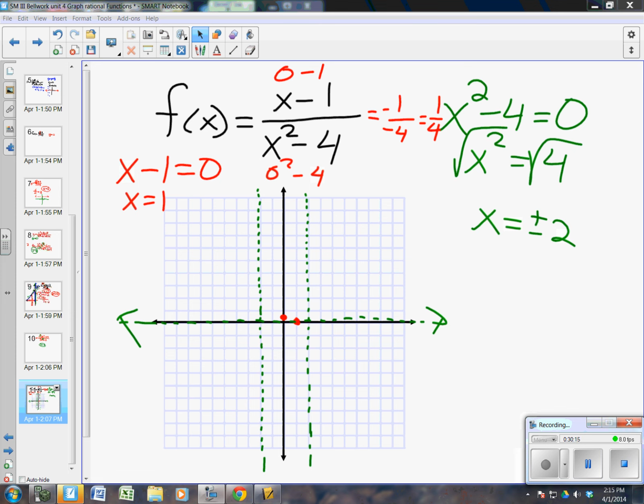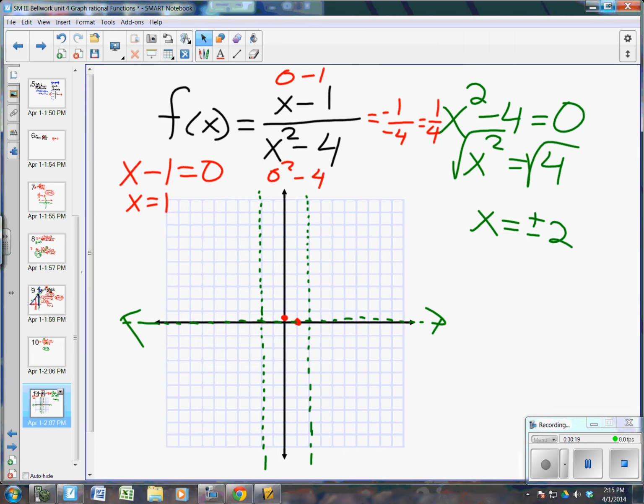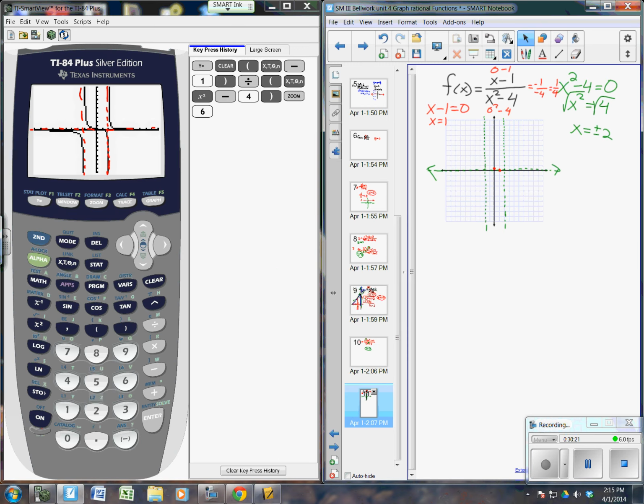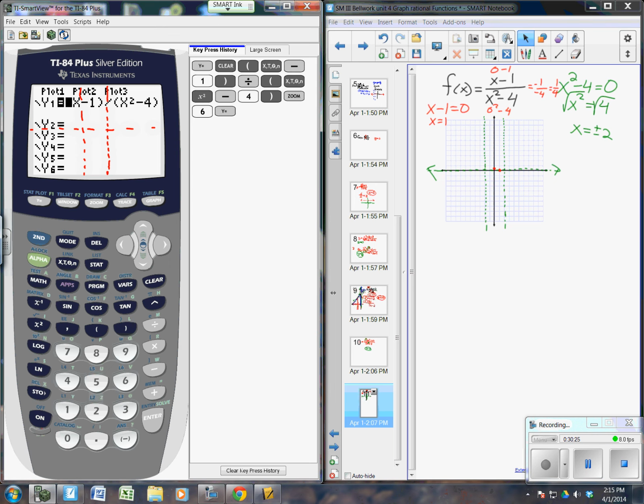Graph f of x on your calculator. So I want everybody to graph this into your calculator now. And I already graphed it into my calculator. Make sure you put parentheses around the numerator. Put parentheses around the denominator. Hit zoom 6 if you want the same window as I have.